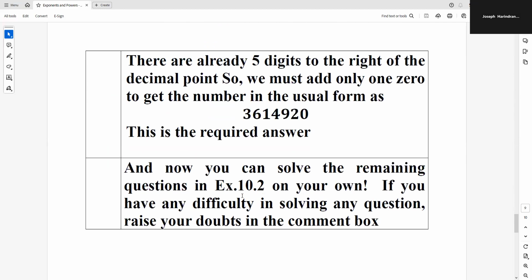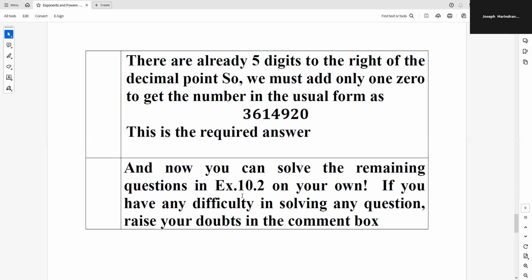So we just add one more 0 to get 361490, which is 3 lakh 61 thousand 4 hundred 90 in the full form.